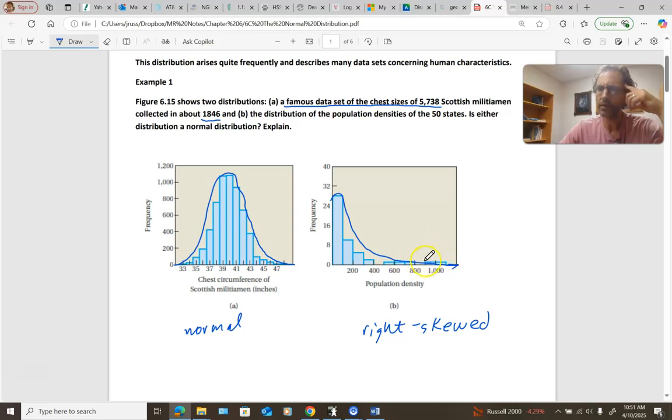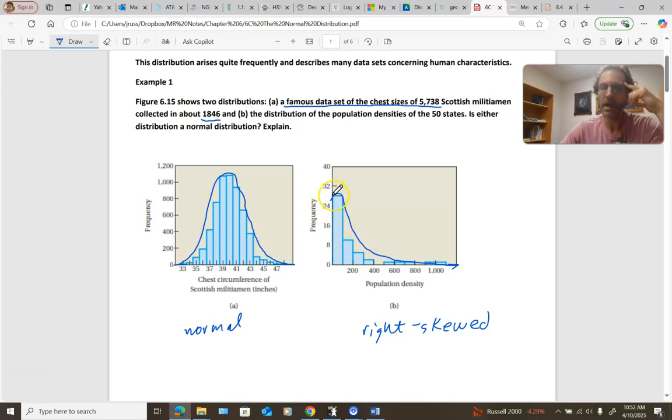Even New York, even though New York's not necessarily a really small state, it has a lot of people in it. Now, the majority of those people probably live in New York City, Manhattan.